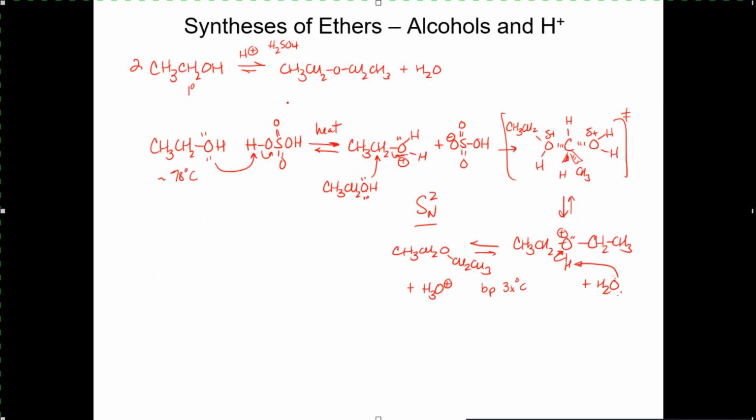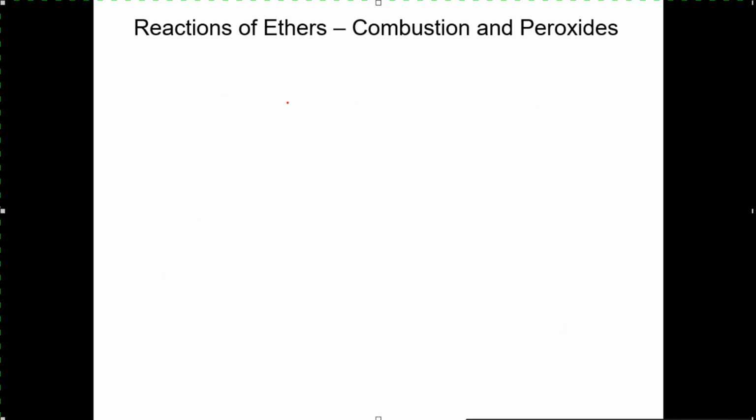So what about the reactions of ethers? Well, there are two reactions that don't get us anywhere synthetically.